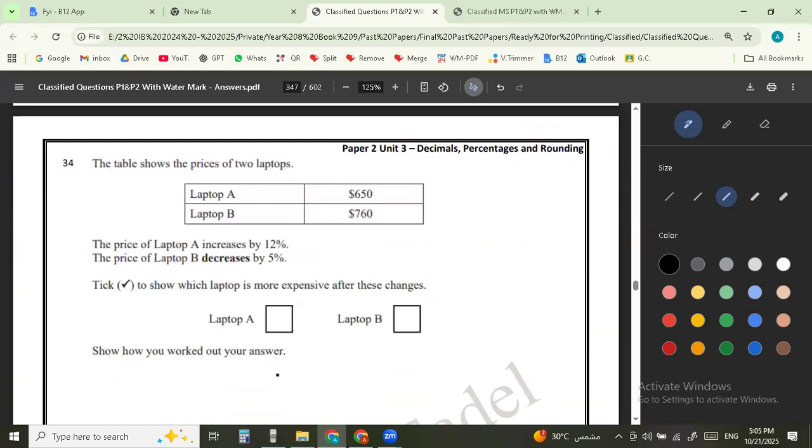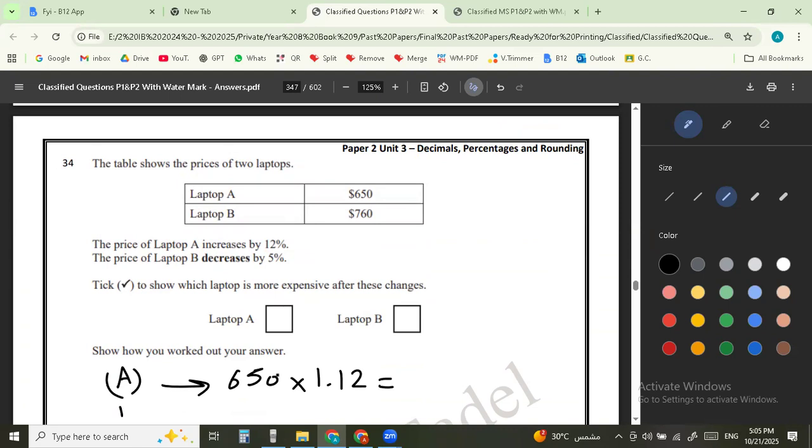The price of laptop A increases by 12%. The price of laptop B decreases by 5%. Tick to show which laptop is more expensive after these changes. So laptop A increases by 12%, so I'm going to do 650 times 1.12.